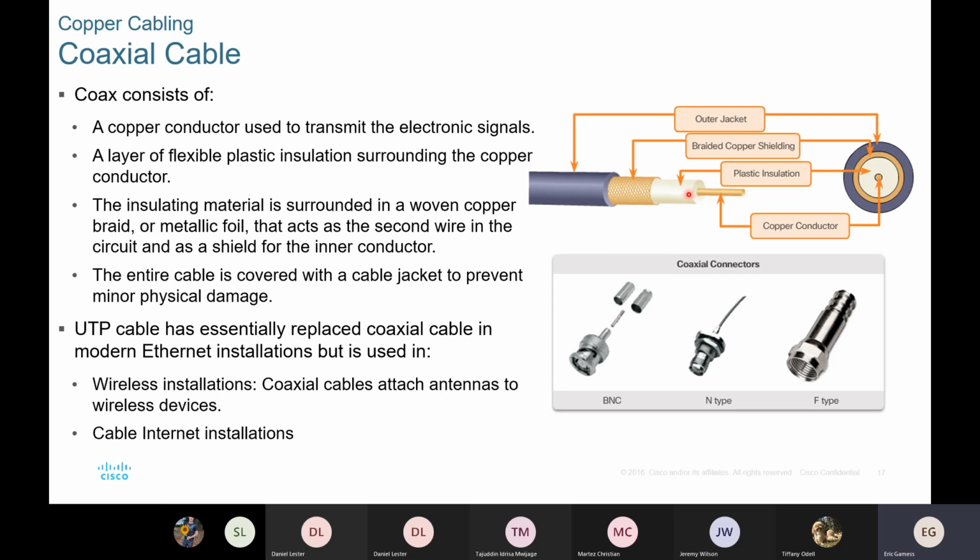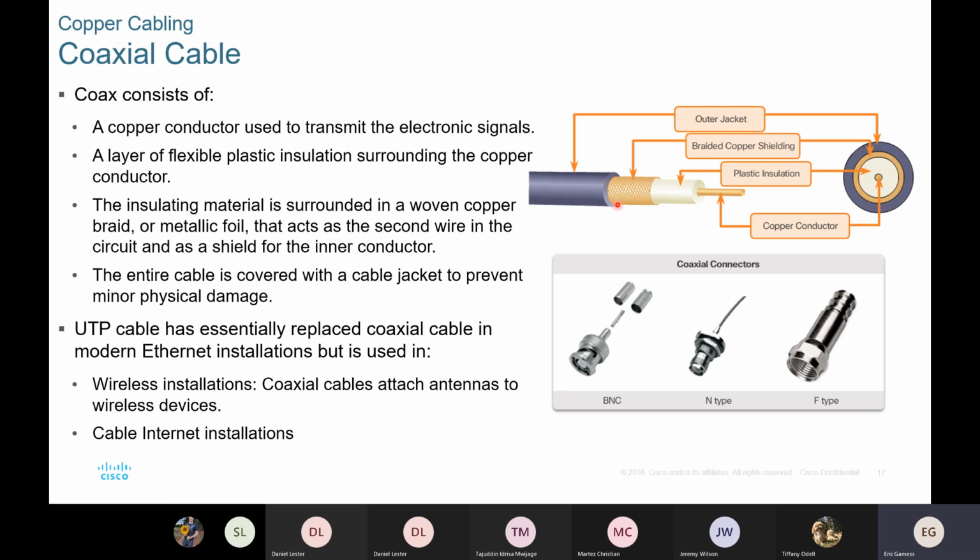And around the insulator, you have a copper shield. So, you know, in electricity, you need 2 cables. So this will be one of them, and this will be the second. So this will conduct electricity, and this will conduct electricity also. And then you have the outer jacket.